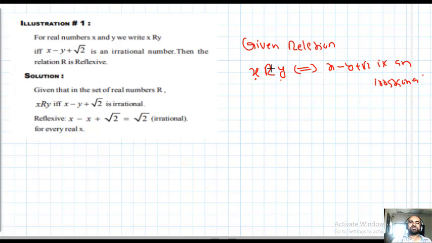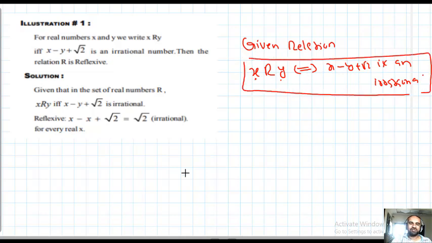First of all, you need to write the given relation. Now we want to check for reflexive. How to check reflexive? x related to x must and should be true.